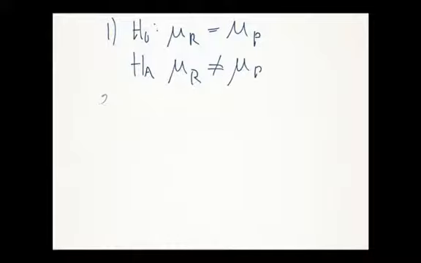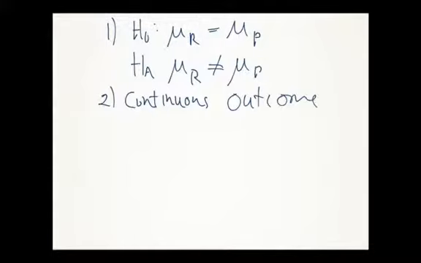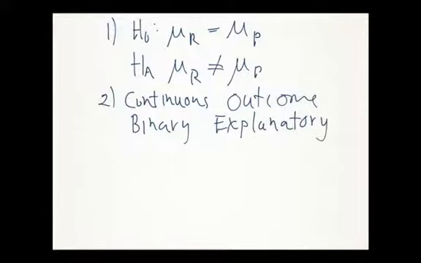What kind of data are we dealing with? We have a continuous outcome and a binary explanatory variable, or dichotomous, 2 groups. What kind of test are we going to do? We said we're going to do a 2-sample t-test.